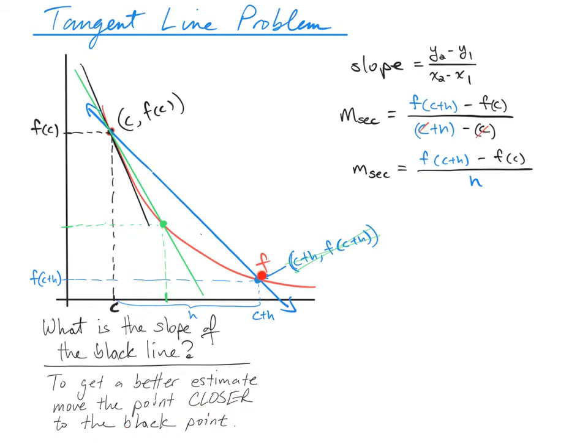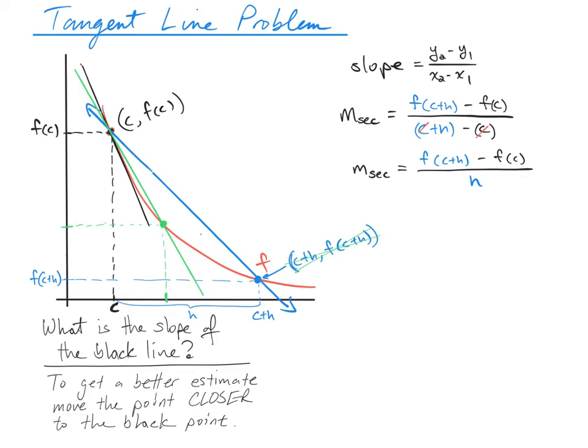So instead of the point here, we're going to move it closer to the black point. Another way to say that is we want to shorten this distance of h that is between the 2 points. I want to shorten this distance from here to here.